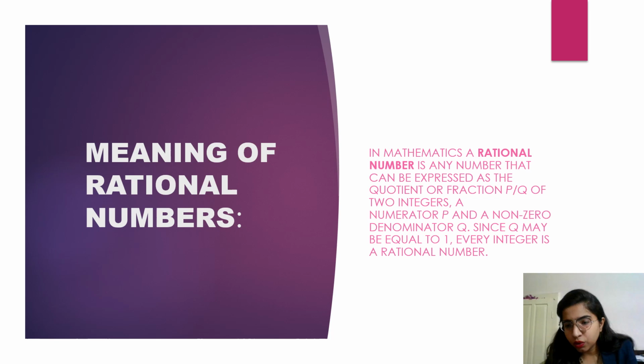The numerator p, a non-zero denominator q, and q may be equal to 1. Every integer is a rational number. Every integer, whether it is plus 1, minus 1, or 0, even 0 is also a rational number. You can write 0 upon 1, 0 upon 2, it will be 0 only. So it can be expressed in the fraction form, p by q form. So we call it a rational number.